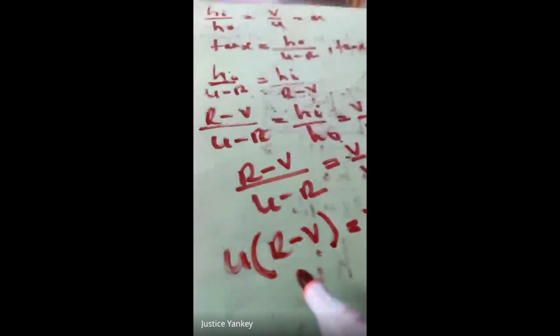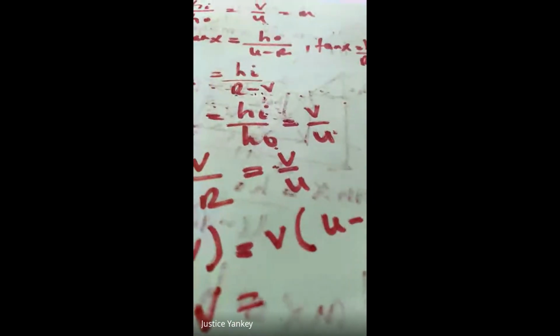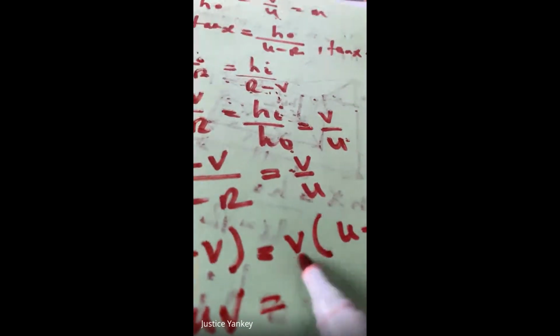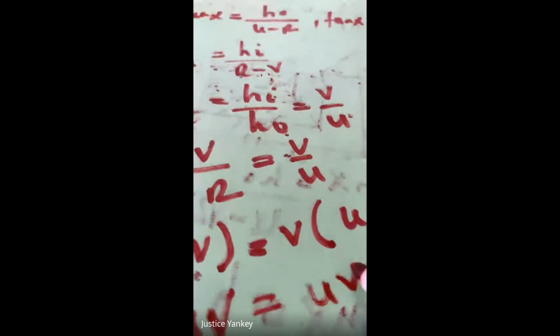Okay, now I'm going to expand. When I expand, I'm going to have UR minus UV equals, when I expand this one, UV minus VR.